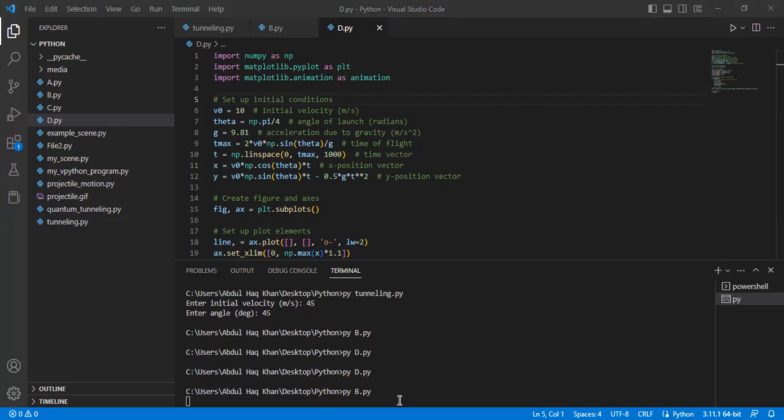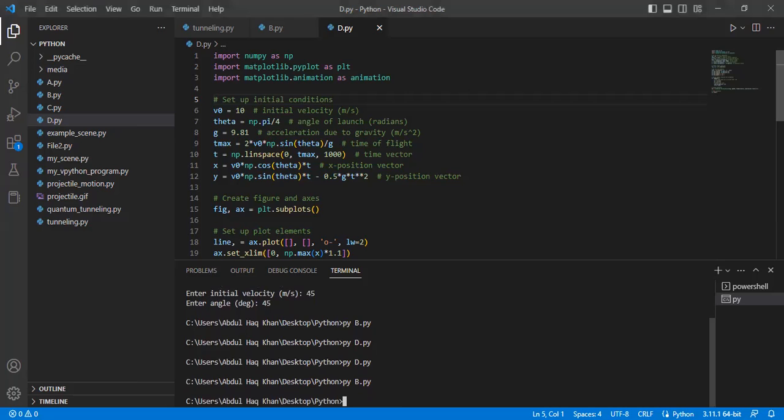I have adjusted this graph, and you can see the horizontal and vertical distance covered by the body. At a 45 degree angle, the projectile has the maximum horizontal range, covering almost above 250 meters distance.